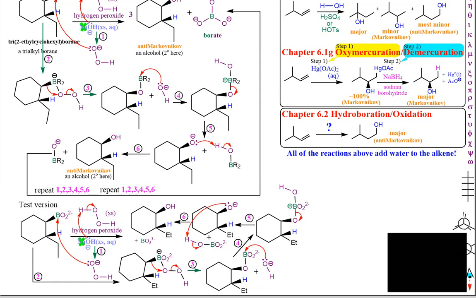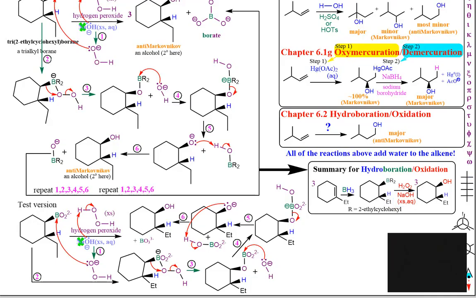Over here I'm going to summarize the 2 videos worth, which ended up being 3 videos worth of reactions, so that we can see where we started and where we ended before we close. In conclusion, we take an alkene and react it with borane. We get a Markovnikov trialkyl borane. 3 moles of alkene, 1 mole of borane give 1 mole of trialkyl borane.